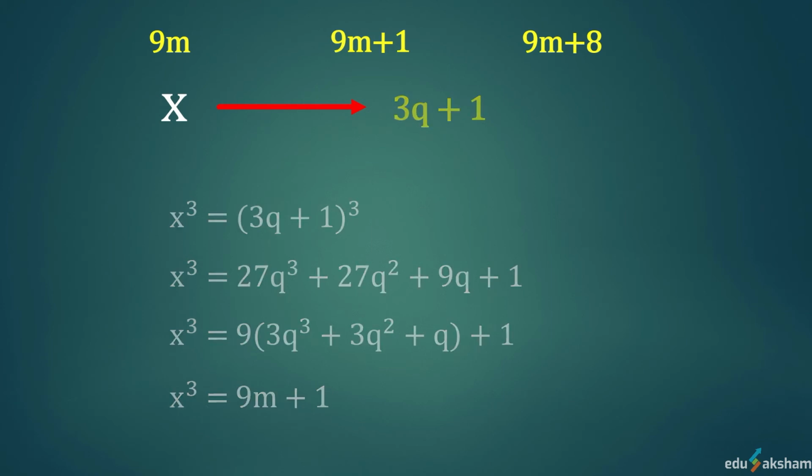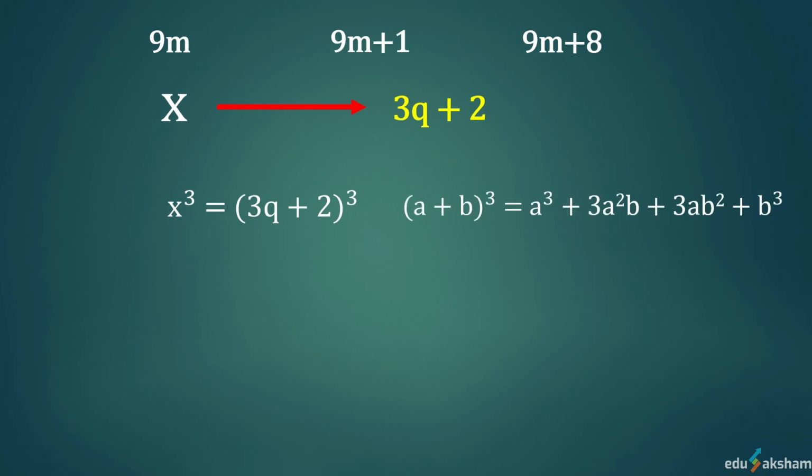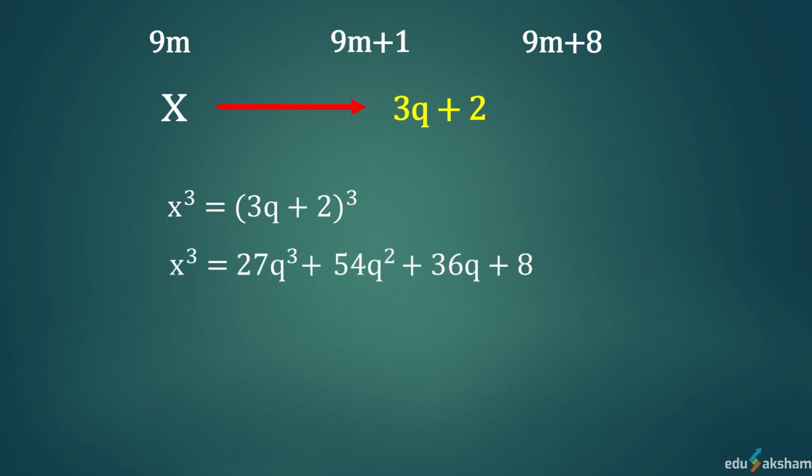Moving on to the next possibility of x, which is 3q plus 2, we will take a cube on both sides of the equation, which gives us x cube equals 3q plus 2 whole cube. Again, using the expansion formula, a plus b whole cube equals a cube plus 3a square b plus 3ab square plus b cube, we can write 3q plus 2 whole cube as 27q cube plus 54q square plus 36q plus 8.